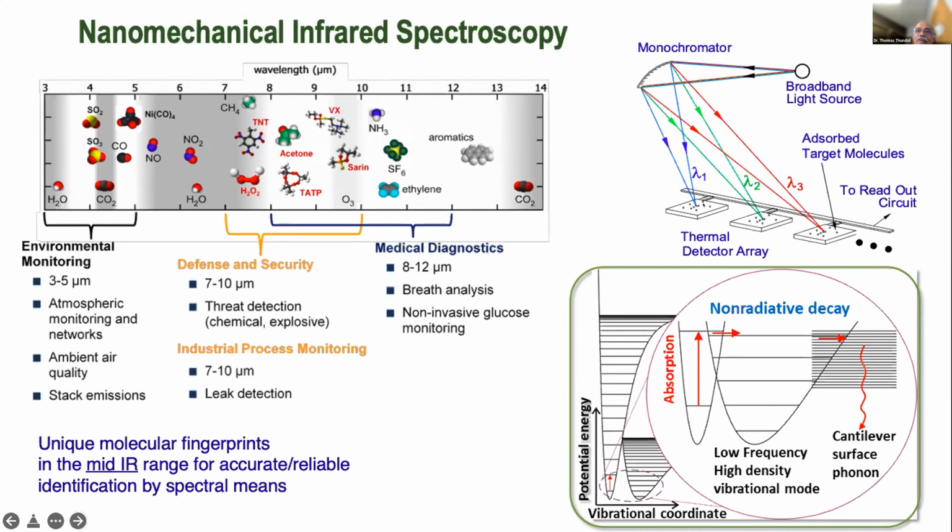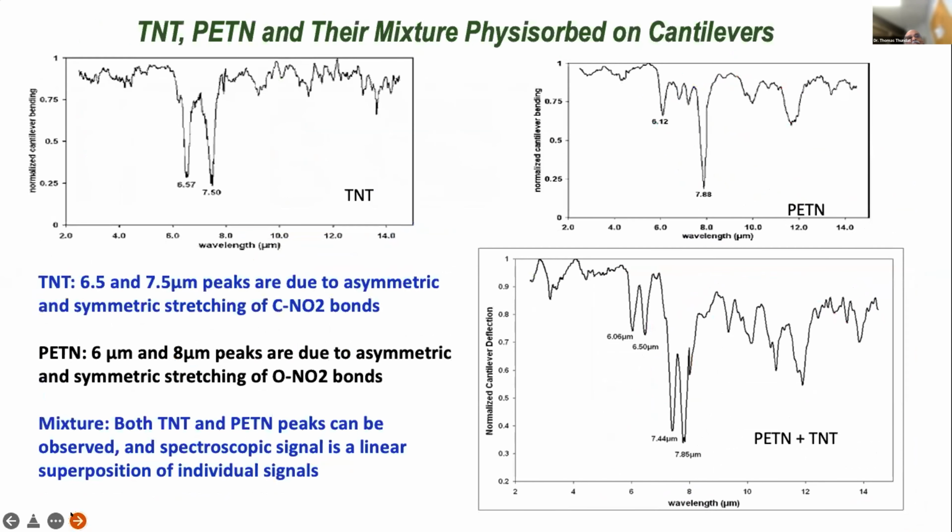What happens is that non-radiative decay produces heat in the cantilever, a very small amount of course, and the bimetallic cantilever will bend according to the number of photons or the heat generated by the cantilever.